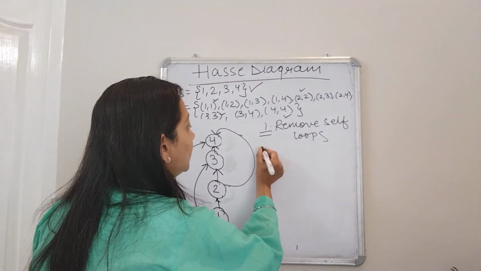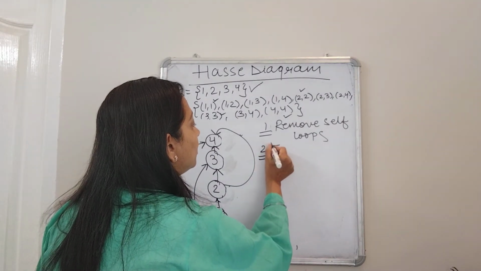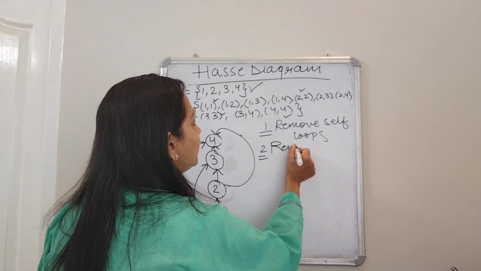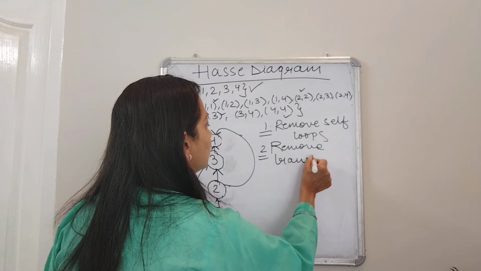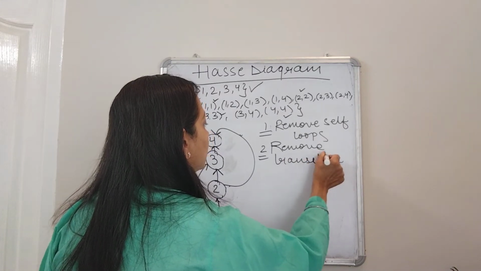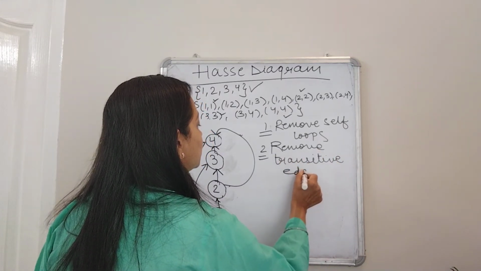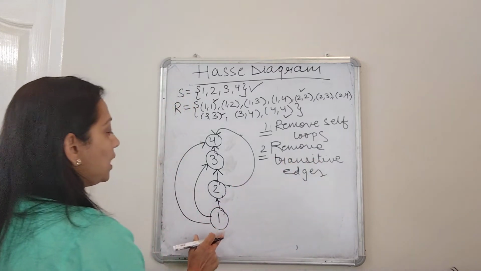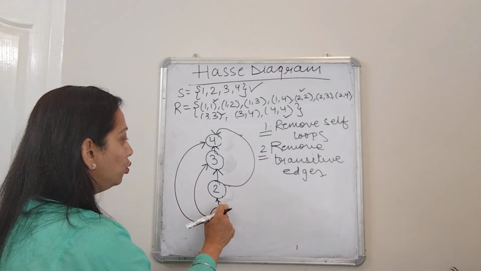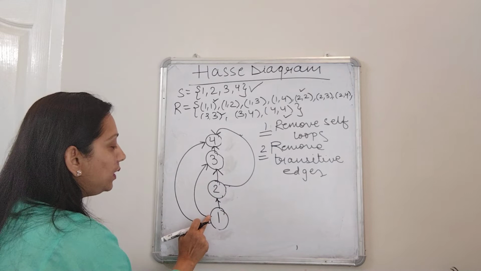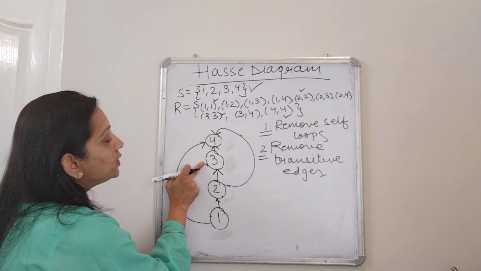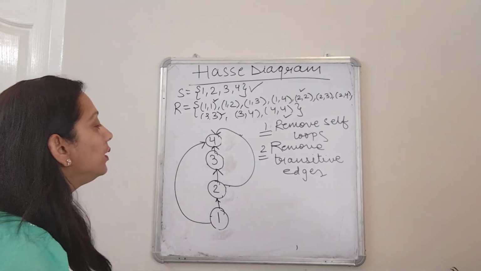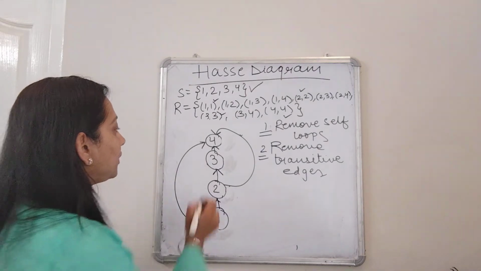Yes. Then the next step says remove all the transitive edges. Okay, so if 1 is connected to 2 and 2 is connected to 3, it is quite obvious that 1 will be connected to 3. So remove this transitive edge from 1 to 3, right?